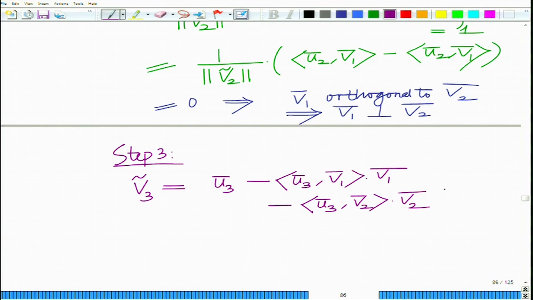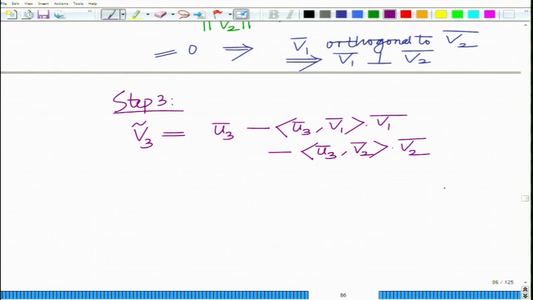So this inner product is basically giving the projection on the unit norm vector. Okay. Inner product with the unit norm vector gives the projection.